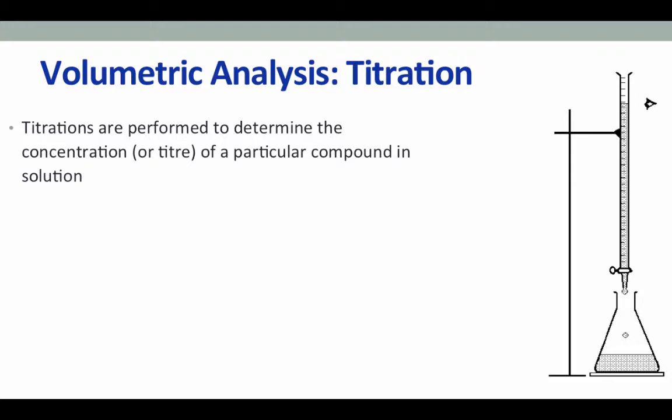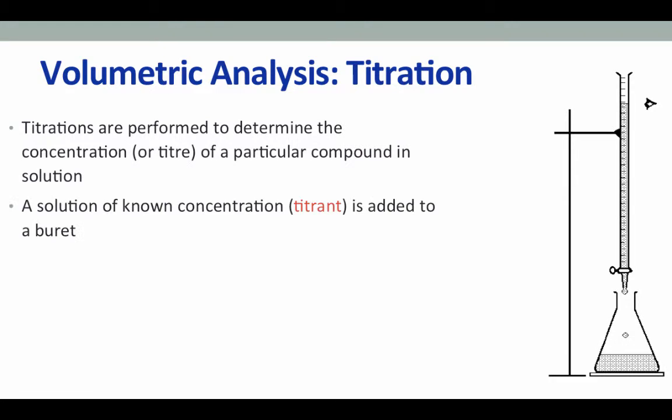Titrations are performed to determine the concentration of a particular compound in solution. The setup for a titration always uses a burette and an Erlenmeyer flask. The solution of known concentration is usually added to the burette.